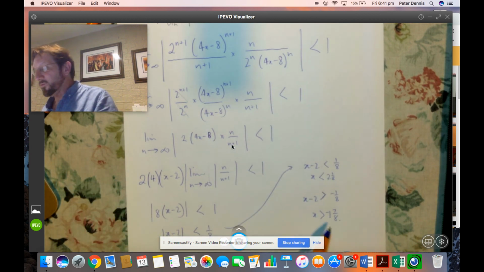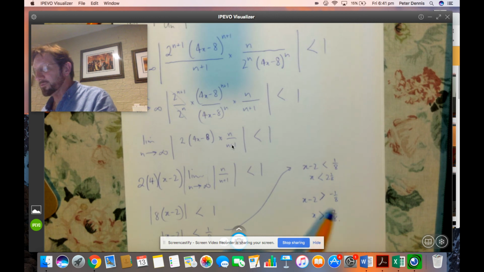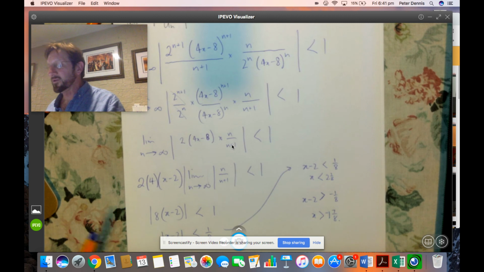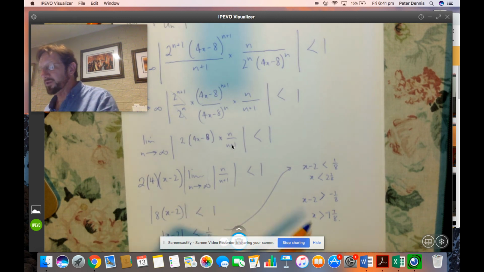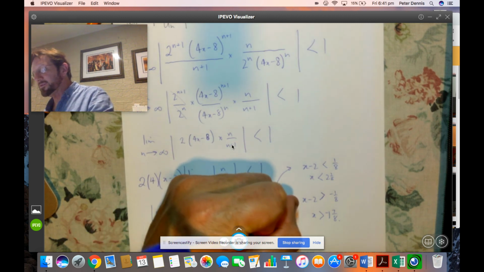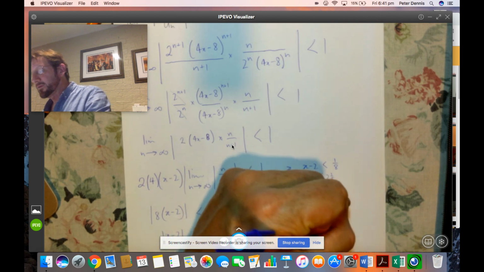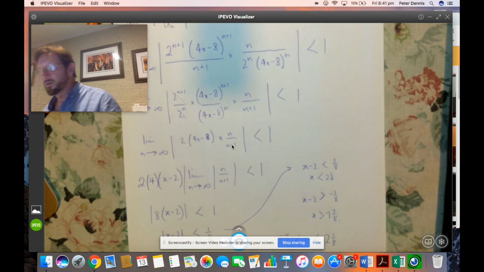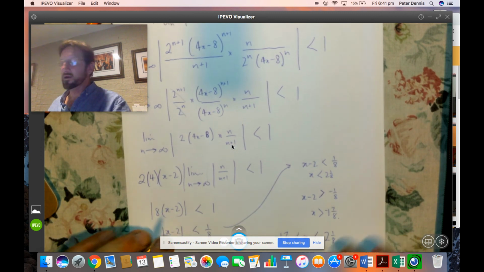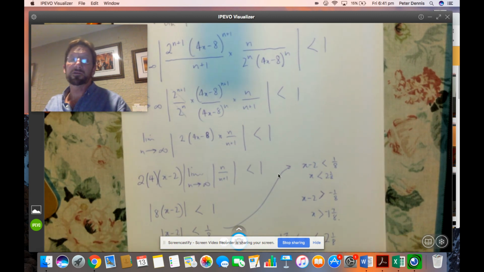We don't know what happens at the two endpoints, but we know anything between those two, and we can write it out a bit nicer. Something in between there, it is a convergent series. Okay.